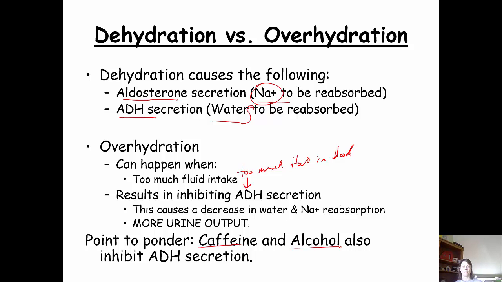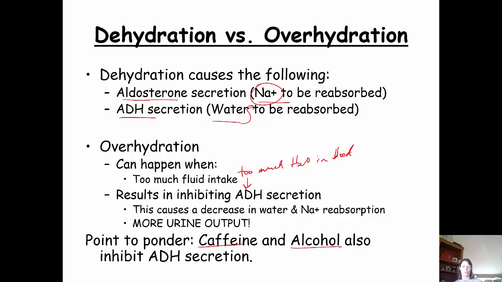Here's the deal. By the time you've gone to the bathroom the first time in your evening of either caffeine or alcohol consumption, the ADH in your bloodstream has been reduced. And if it's been reduced, your kidney is no longer receiving a signal to keep the water.